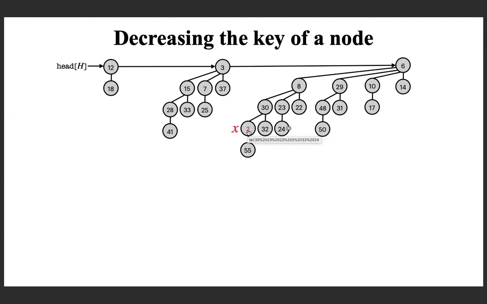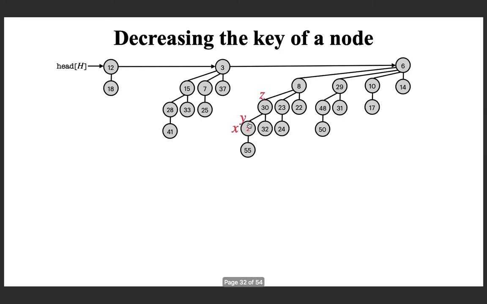The moment you do that, the resulting tree may not satisfy the min heap property. For example, here the root node contains a value greater than the new value of that node. So it violates the property that the root should contain a value less than or equal to the values of all its children.